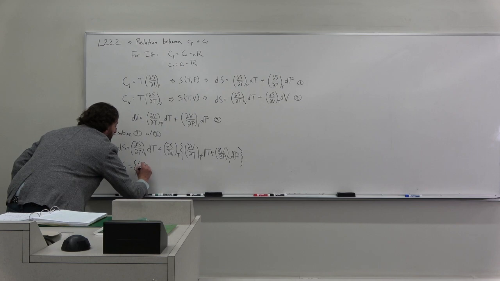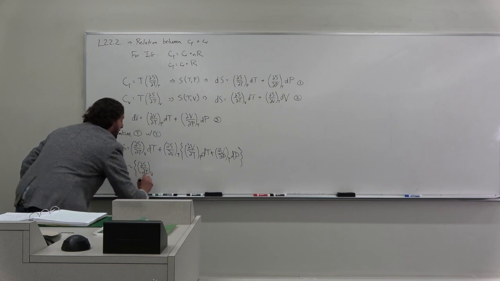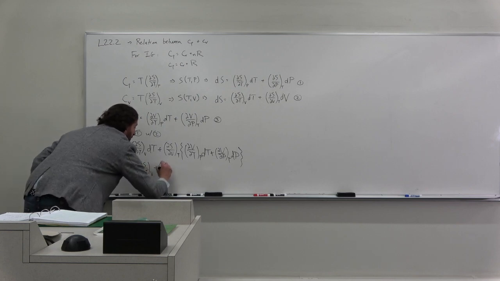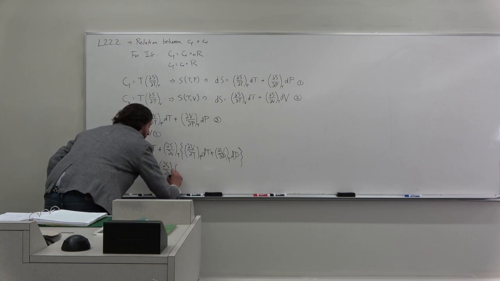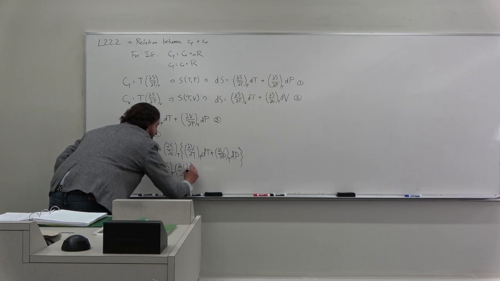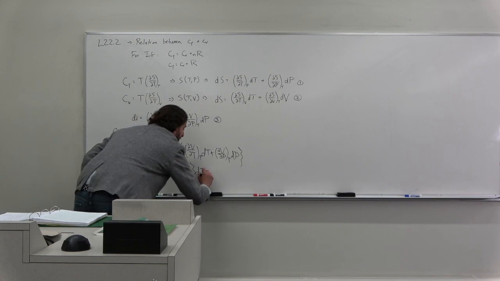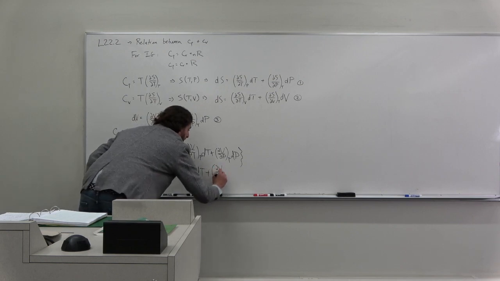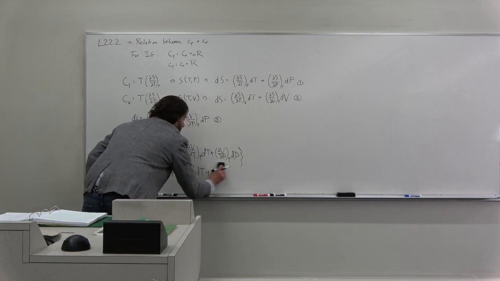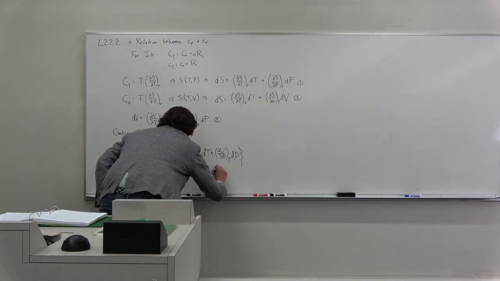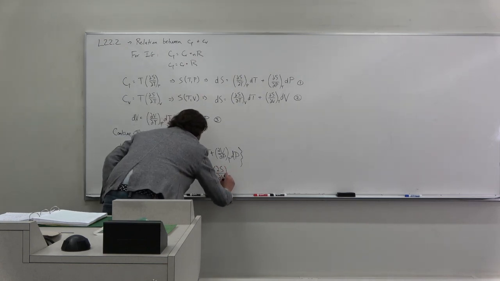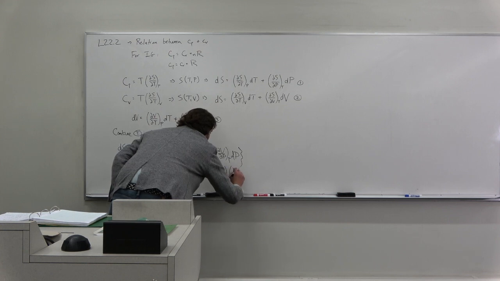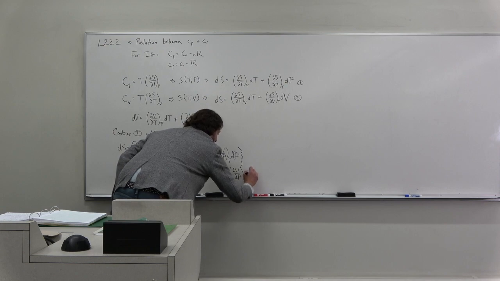So this is partial S, partial T at constant V, plus partial S, partial V, constant T, partial V, partial T, constant p, dT, plus partial S, partial V at constant T, partial V, partial p at constant T, dp.